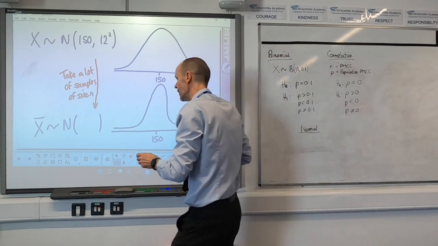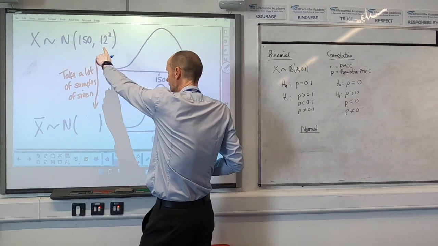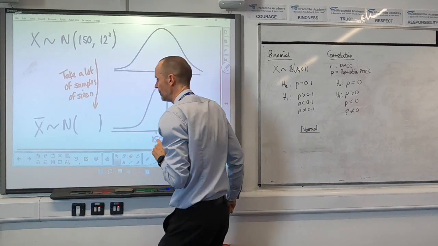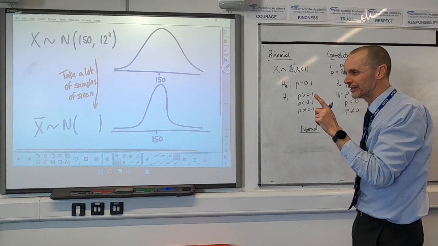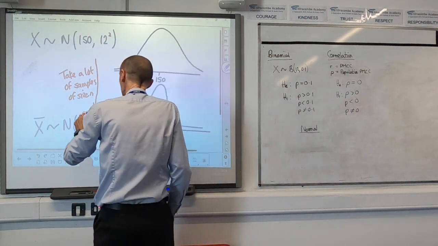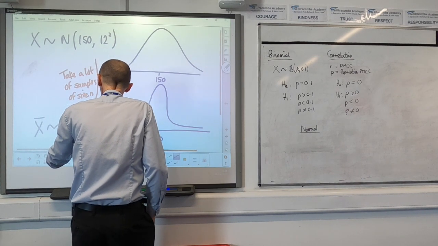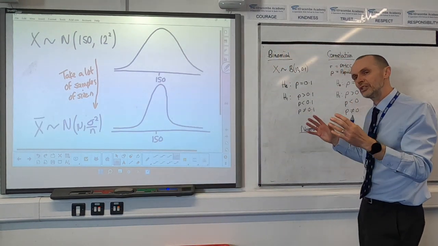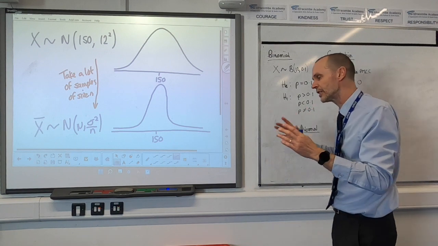And it can be shown that if you have a set of data that's distributed like this, and then you take lots of samples of that set of data, the distribution of the mean of those samples will have the same mean as the population, but its standard deviation will be divided by the number of values. Because the more values you have in your sample, and that N isn't the number of samples, it's the size of each sample.